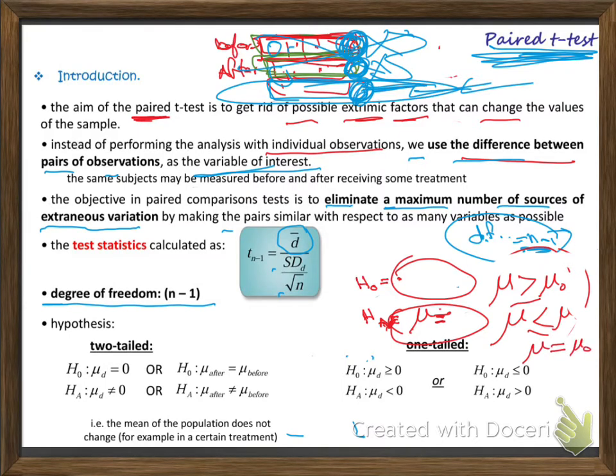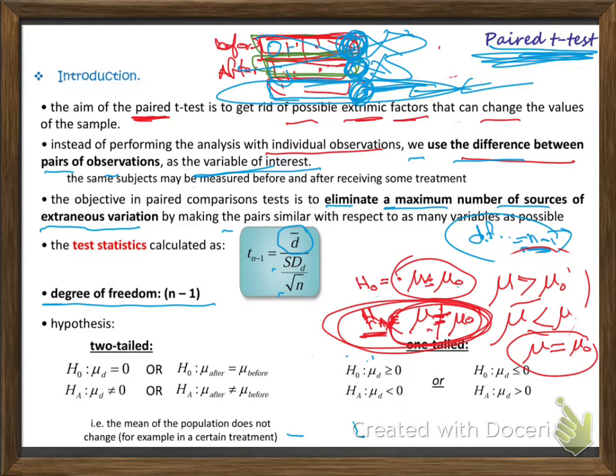In this case the H null will be mu equals mu naught, equal will be here, and not equal will be in the alternative. So in the case of equal, H alternative takes the not equal. But in the case of more than or less than, whatever is given by the researcher, his proposal, his suggestion, his idea or what he's claiming, will always be under the alternative. I hope this one is clear.